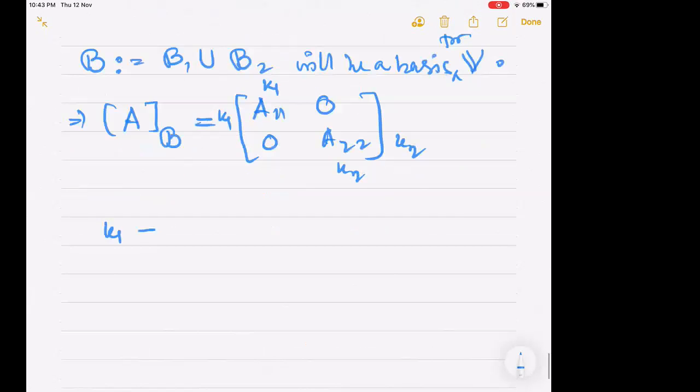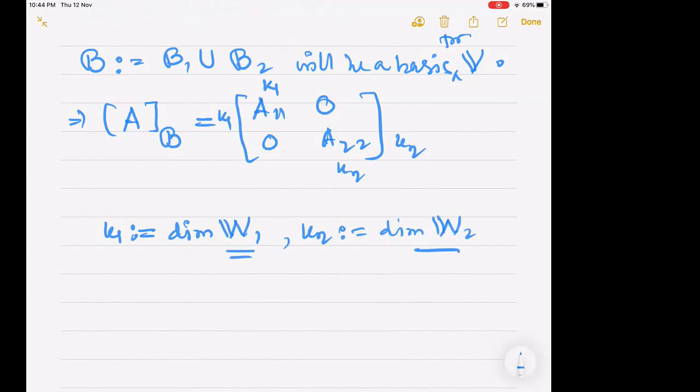K1 must be the dimension of W1 and K2 must be the dimension of W2. This is the dimension of the kernel of PA, and this is the dimension of the kernel of QA. So look at those two dimensions, obtain these two bases for these two subspaces, put them together as a union. That gives you block diagonalization.